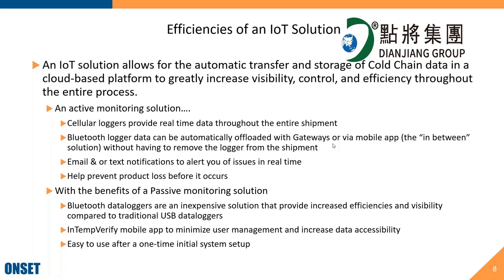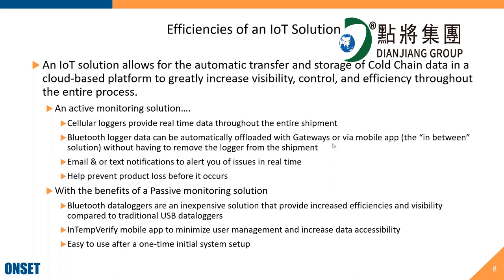So you're not just waiting for the loggers to get to the destination. You can get data at several different points throughout the entire supply chain. So you're not just waiting to the end to find out that something went wrong. And the nice thing about Bluetooth is you don't have to remove them from the shipment. You can stand right outside of it, upload the data using the mobile device or the gateway, you're all set.